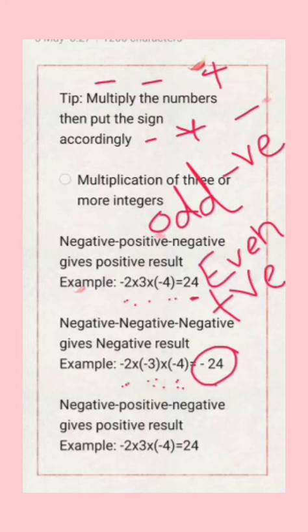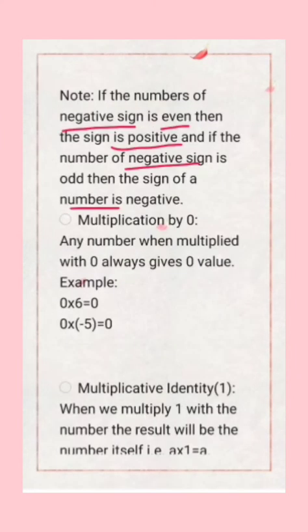So your answer will be positive. 2 3s are 6, 6 4s are 24. And in short, you can say, if the number of negative signs is even, then the sign is positive, and if it is odd, then the sign is negative. If it is even, then positive. If it is odd, then negative.